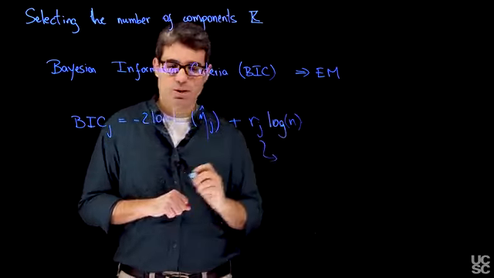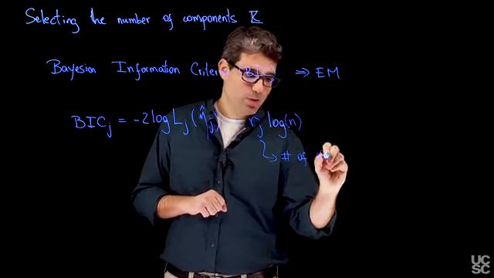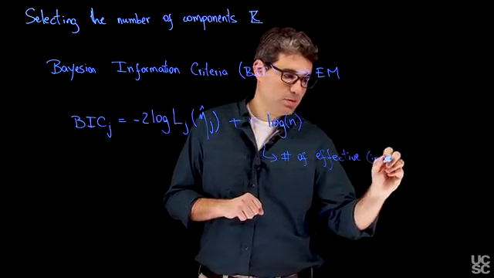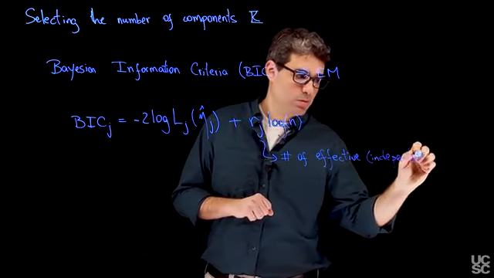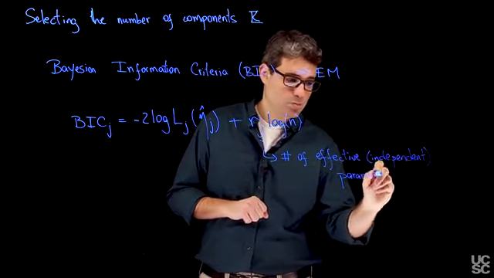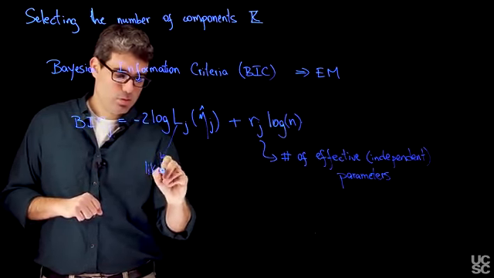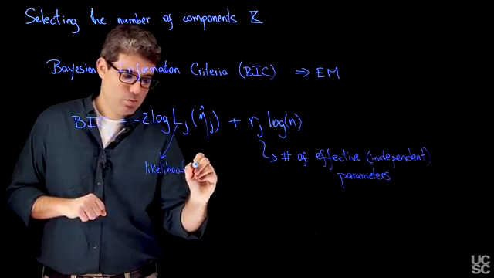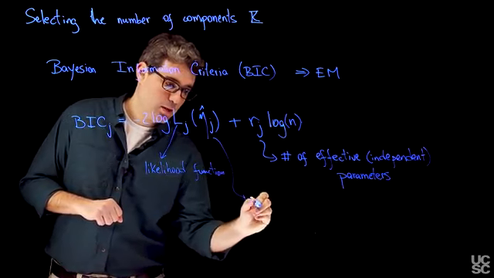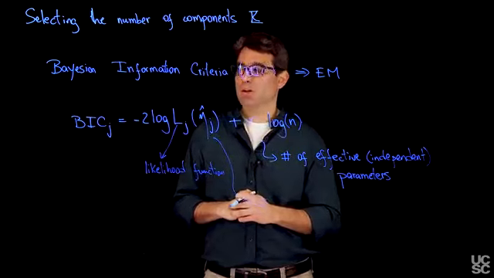And you want to think about this as the number of effective independent parameters. And again, this is just your likelihood function and this is the MLE, the maximum likelihood estimator for the parameters in the model.